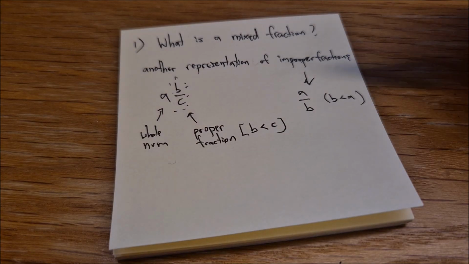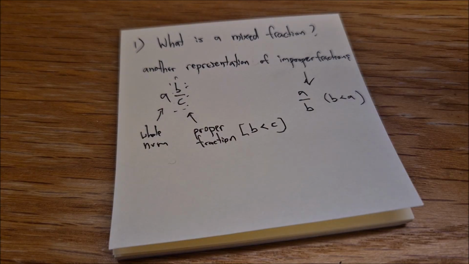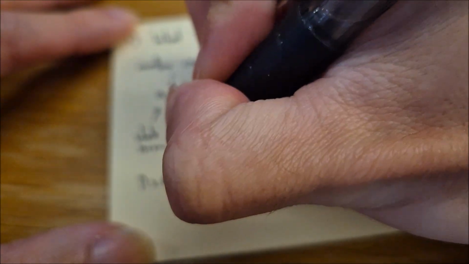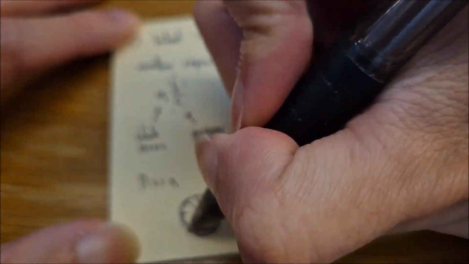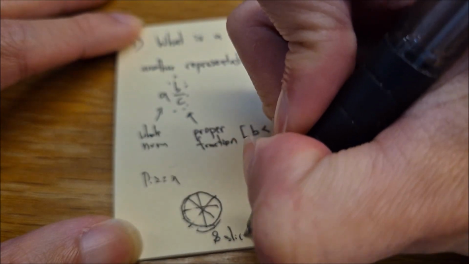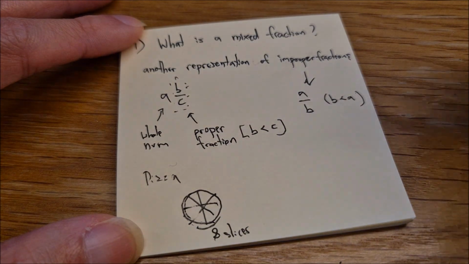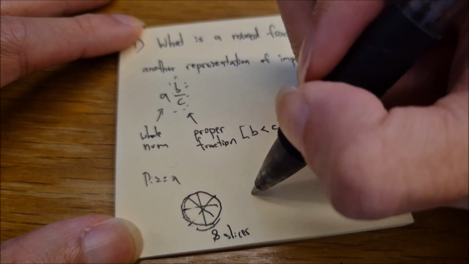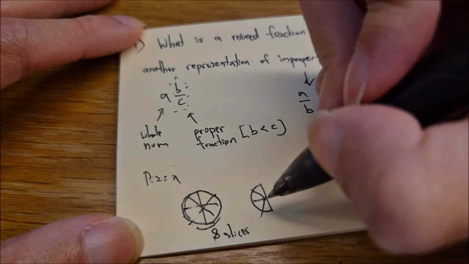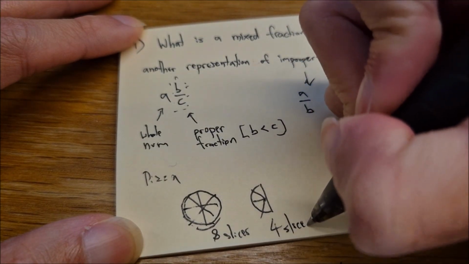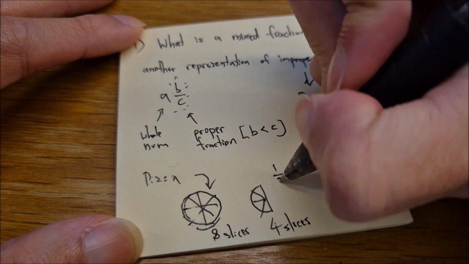Now that we've got the definition out of the way, let's use an analogy, say a pizza, to hopefully make it clearer. Right, so we can have a pizza. And then we have another with 4 slices, so this is half a pizza.